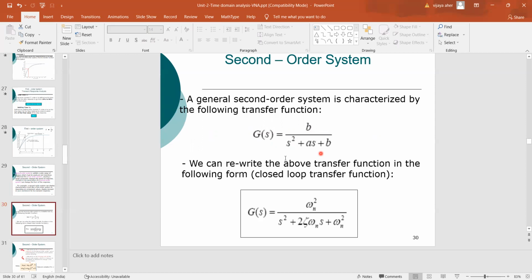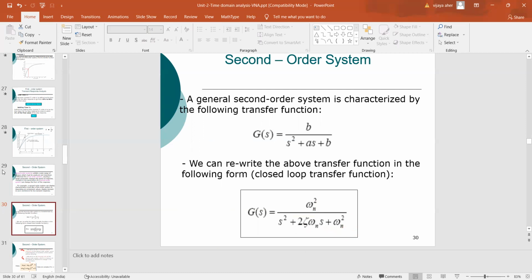Now, you can rewrite the above transfer function as the closed loop transfer function for second order system, again denoted by G of s. Closed loop transfer function for second order system is equal to omega n square divided by s square plus 2 zeta omega n s plus omega n square.